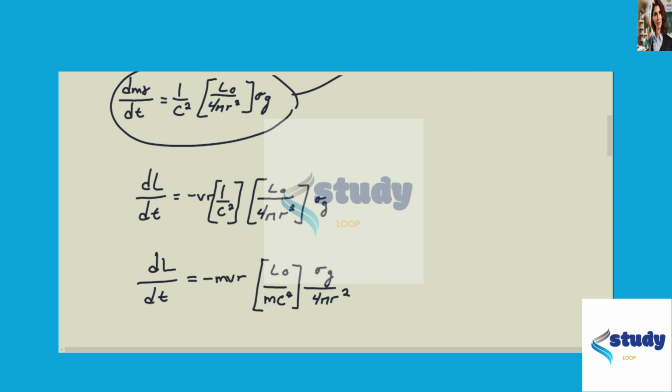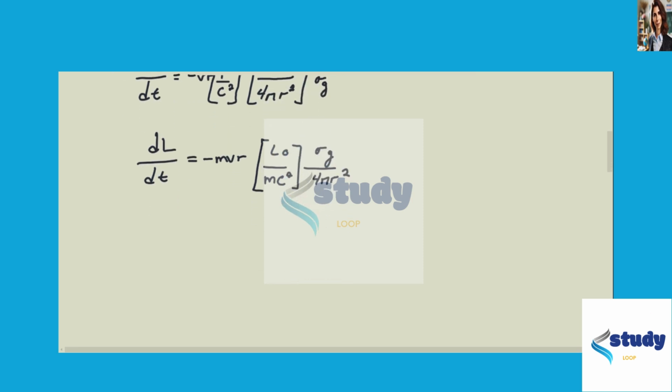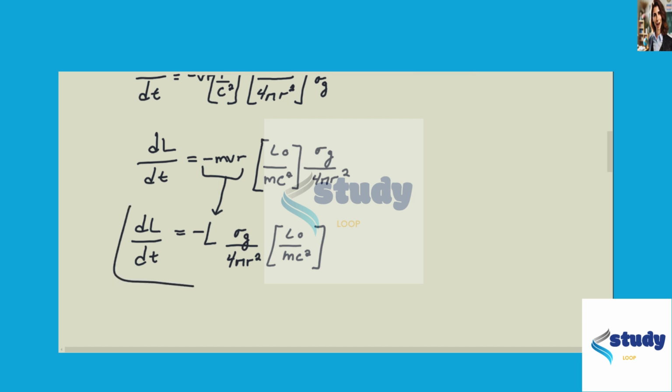Now we can make dL/dt into negative luminosity over mc squared, times what we already had before. And that is your answer. Okay, thank you guys.